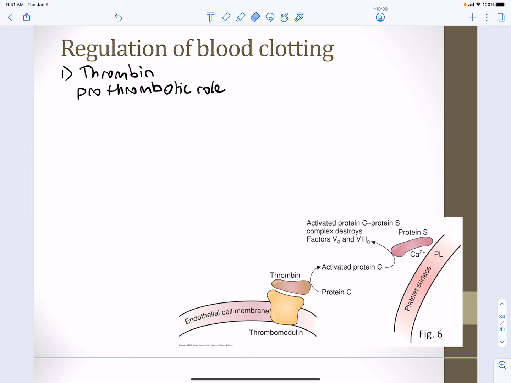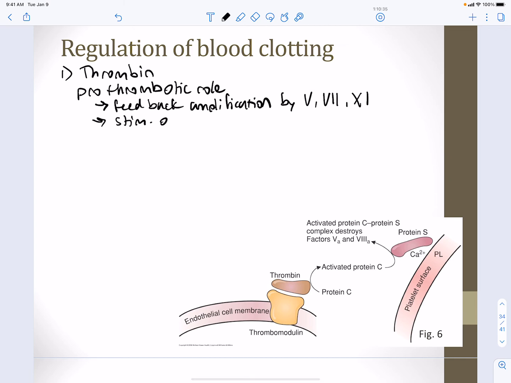The prothrombotic role is feedback amplification by factors 5, 7, and 11, and it stimulates its own production, via the tenase complex.